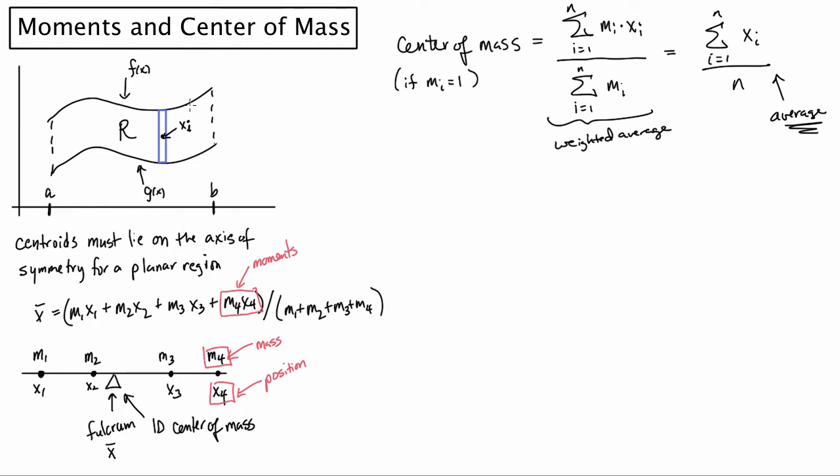The idea is I'm going to partition the interval from a to b into a bunch of rectangles just like that. And for each rectangle, I'm going to associate the rectangle with a single point, which we would consider to be a point mass. So I think of each rectangle as having its mass centered at its centroid only.